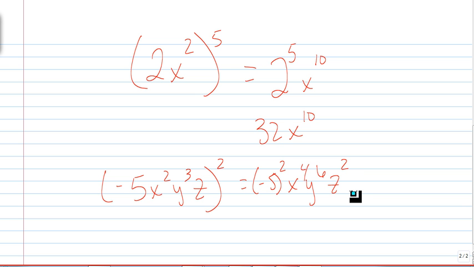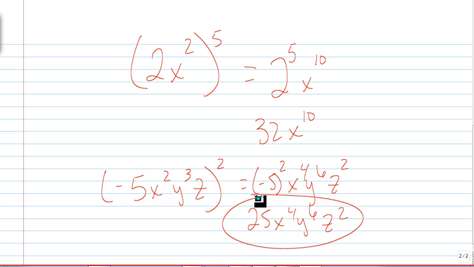Now, I bet you're wondering, why did you put that negative 5 in parentheses? Because remember, that negative goes with the 5, so you want to keep it in parentheses like that. Okay, so now let's simplify what we can. Negative 5 squared is positive 25. So now this will become 25x to the fourth, y to the sixth, and z squared. And this will be our final answer.